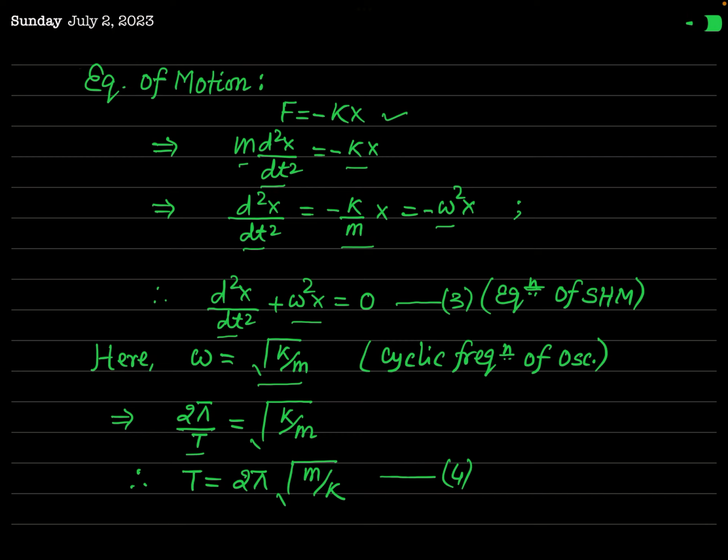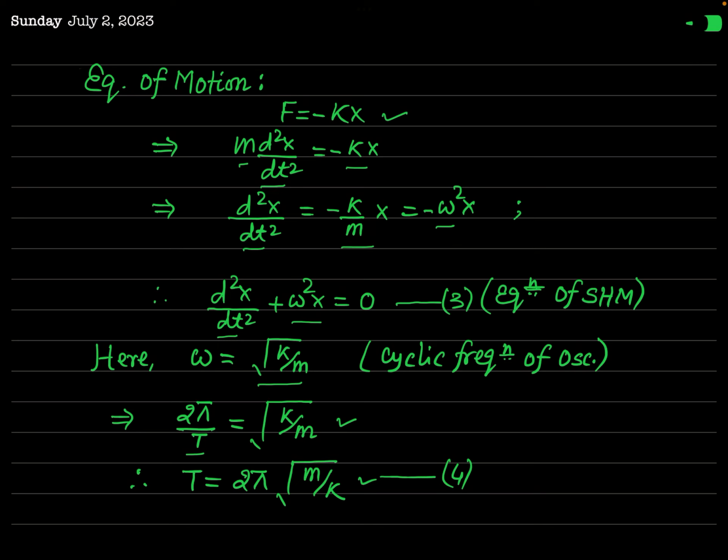So 2 pi over T is equal to the square root of k by m, and hence you can get T equal to this much. This is the standard formula for the time period of a spring mass system. This spring mass system is also called a spring pendulum, so I have written in the title a spring pendulum.